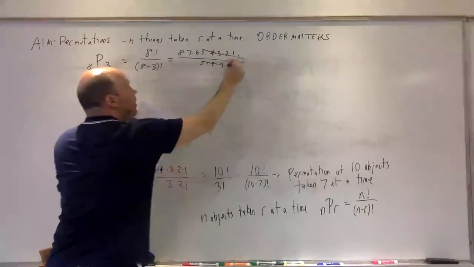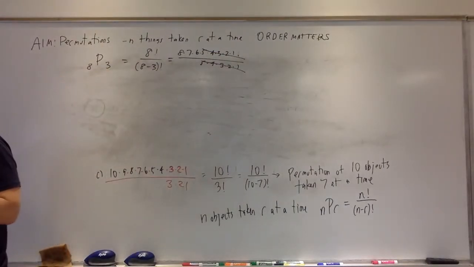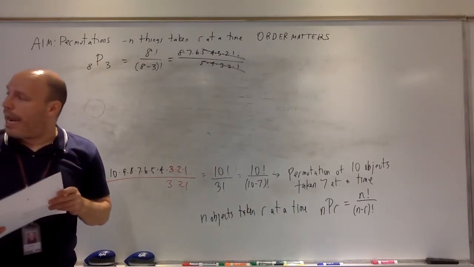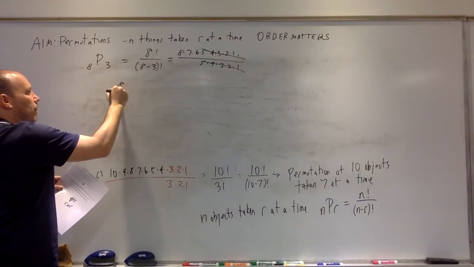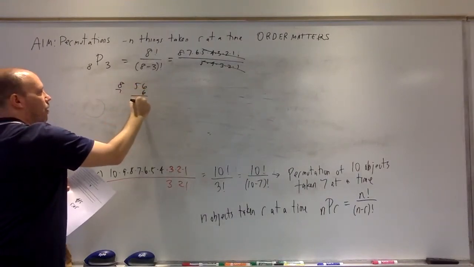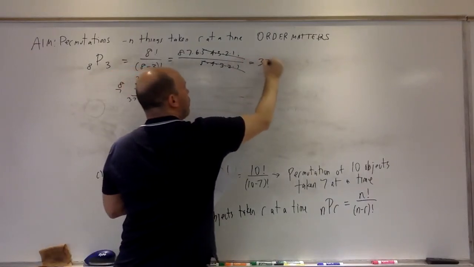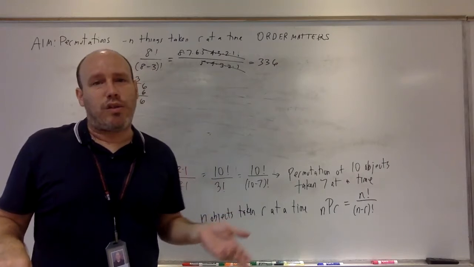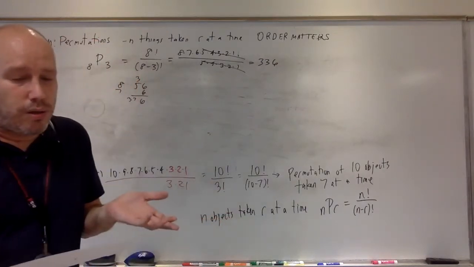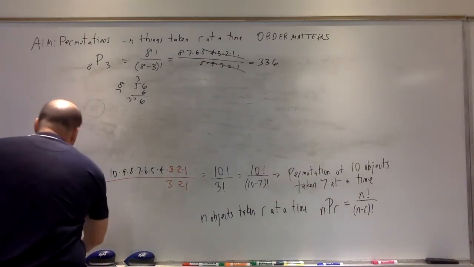These go out with this, and we're left with 8 times 7 times 6. Hey Siri, 8 times 7 times 6. 8 times 7 times 6 is 336. The answer is 336. That's kind of interesting. There's 336 ways that this race could happen. Okay, let's try another one.